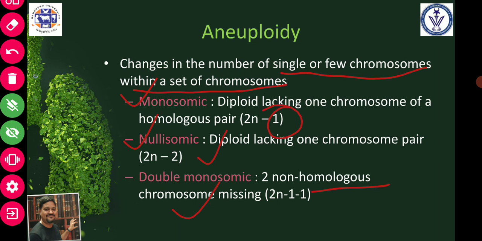So the formula for this is 2n minus 1 minus 1. Initially, in case of nullisomy, the diploid set was lacking one chromosome pair, but here two non-homologous chromosomes will be missing. So you have to note the difference in the formula.